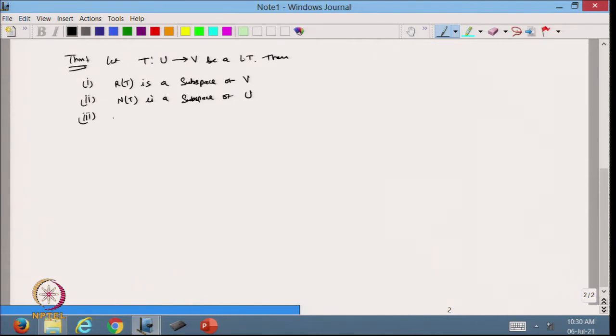The third is that T is 1 to 1 if and only if the null space of T is the 0 subspace of U.